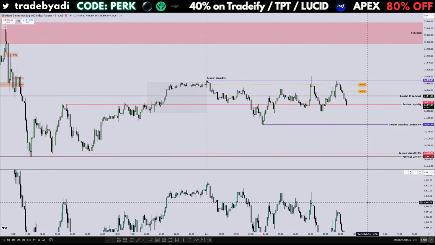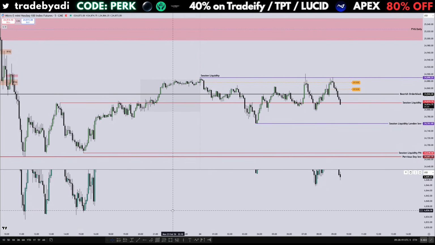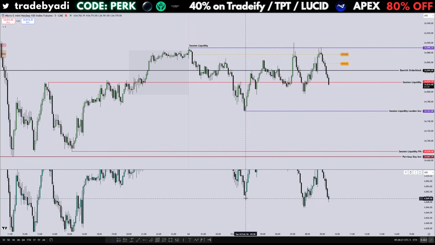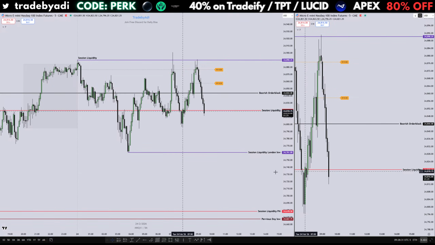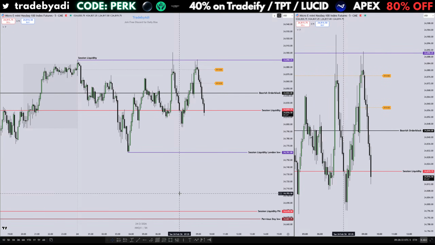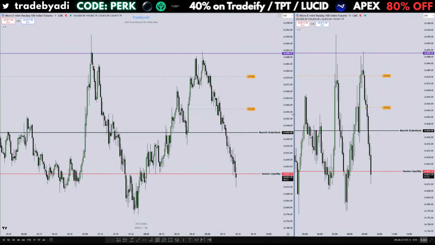So this is the SMT. And also on the downside I just noticed we have this SMT. I only look for the SMT that is going to align with my bias and direction. I don't look for SMT everywhere.